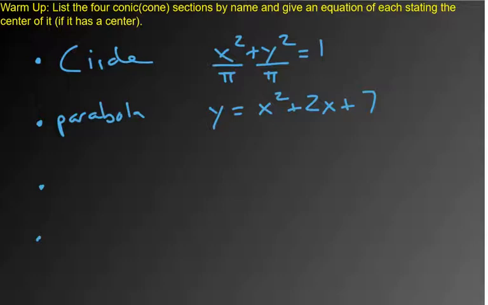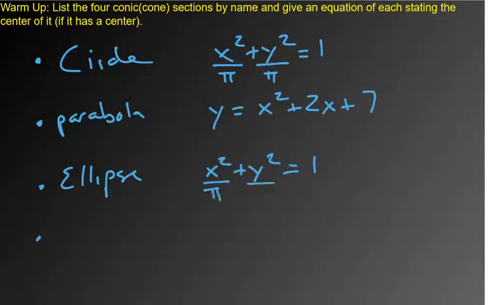And then you have, I don't know, how about ellipse? So an ellipse is kind of like a circle, but like say this one is pi. This just can't be pi. This could be the square root of pi. And as long as these two numbers down here are different, then it's going to basically stretch your circle in a certain direction.